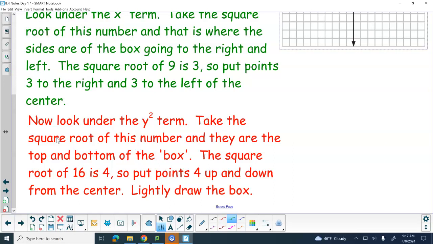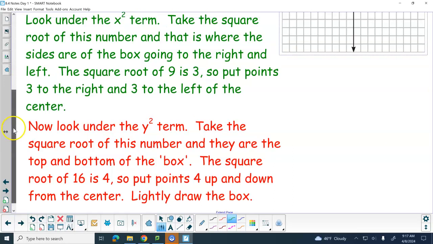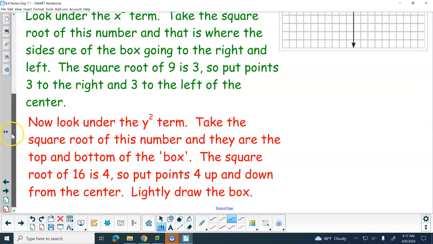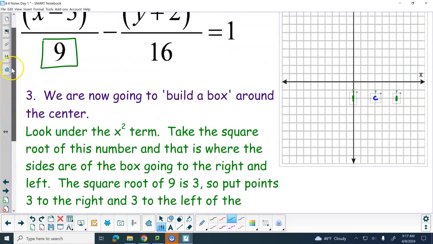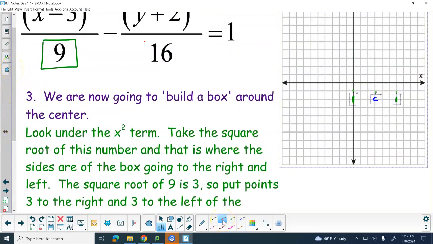Okay. So then we're going to look underneath the y squared term, and that's going to be how far up and down we go. The y squared term is 16, which means the square root is 4.